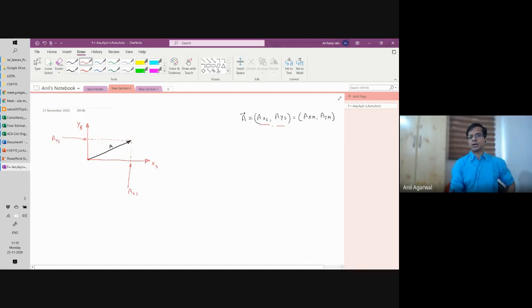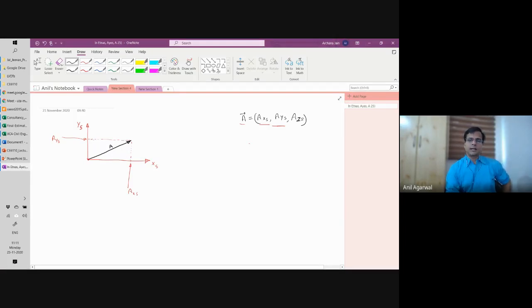AXS, AYS, that is in X and Y direction coordinates, defines A. And let's say it has some Z value, AZS.